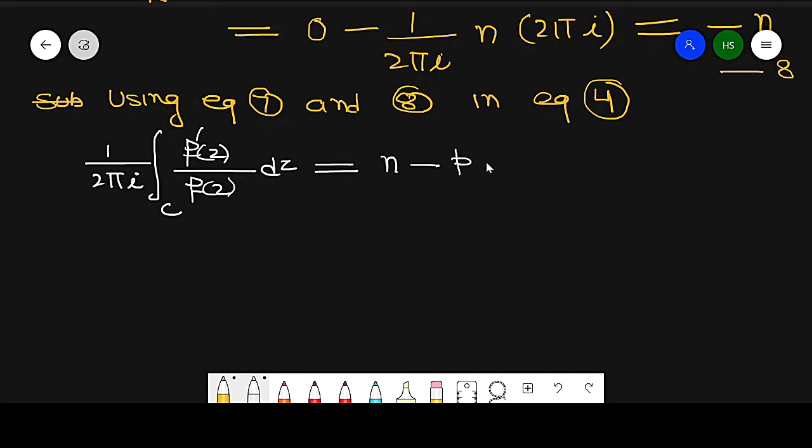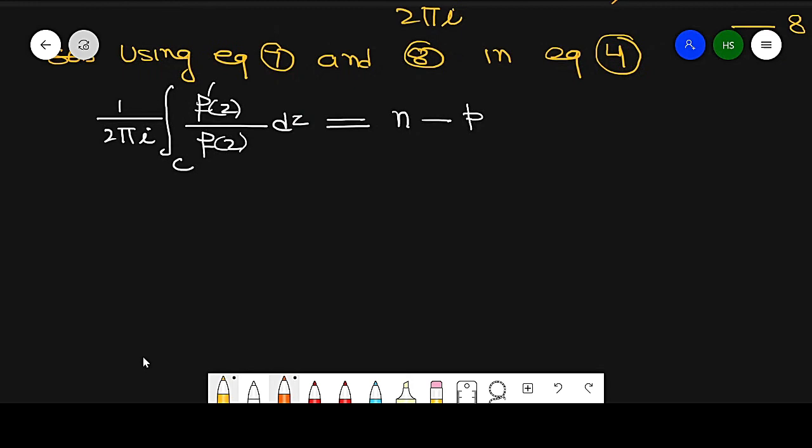Now this is for one pole and one zero. If I have a finite number of poles and zeros, then that is a meromorphic function.